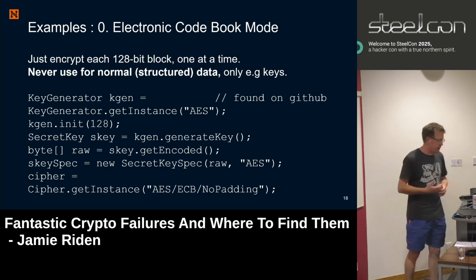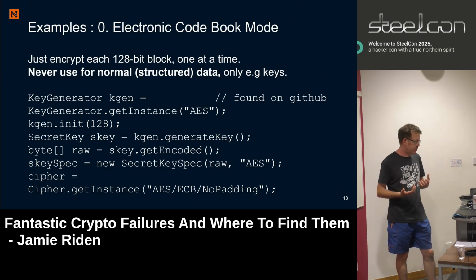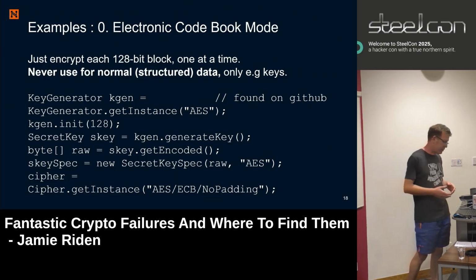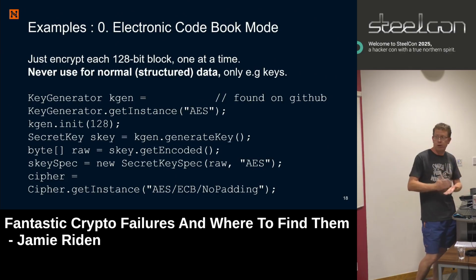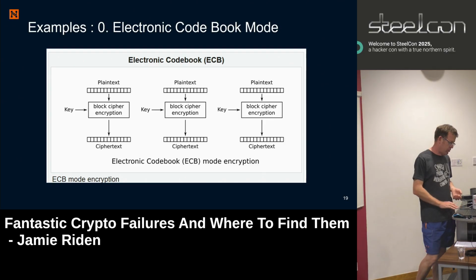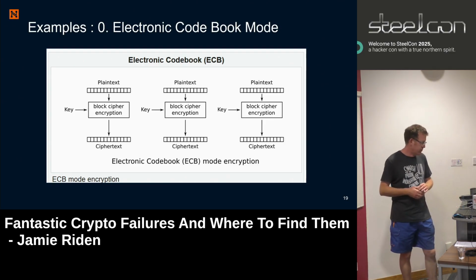So if we're talking something like AES, the naive way would be just to encrypt one block at a time. You've got your key, you've got your data, whatever block size, maybe 128 bits, just bang, bang, bang. That's the Wikipedia diagram.